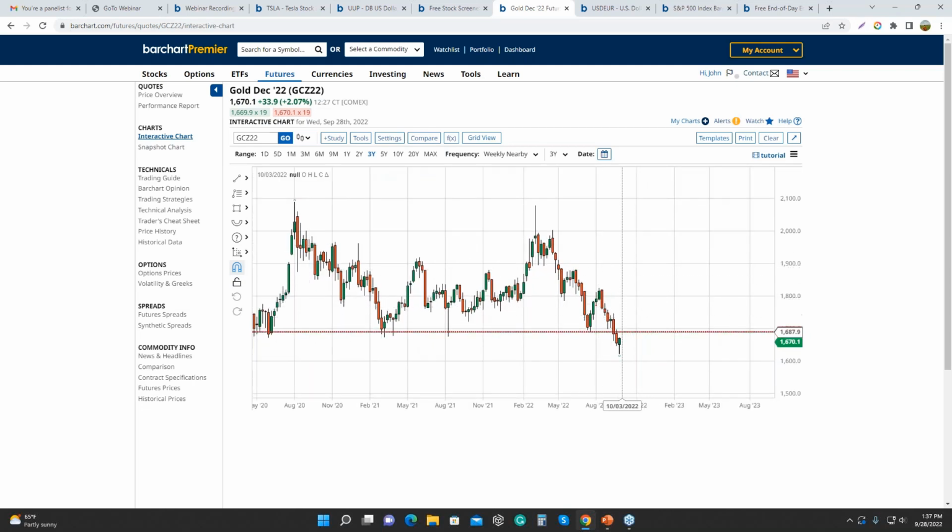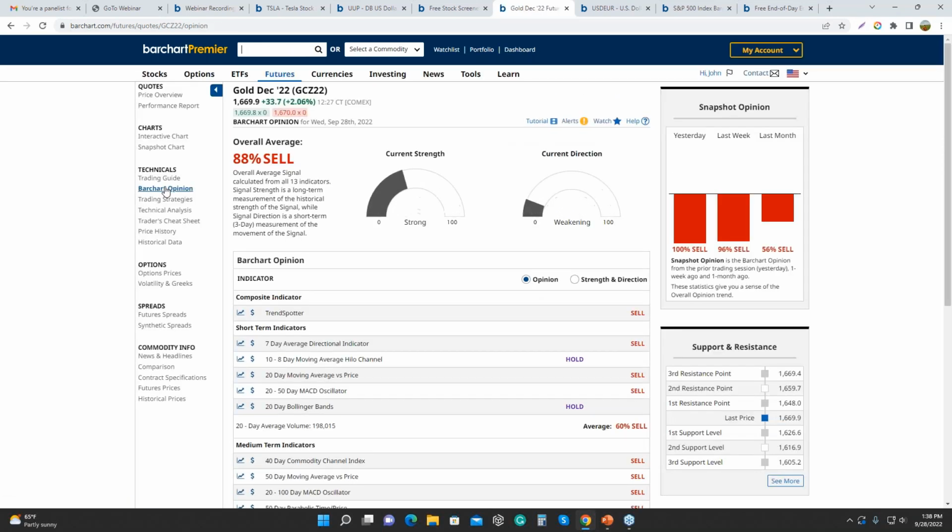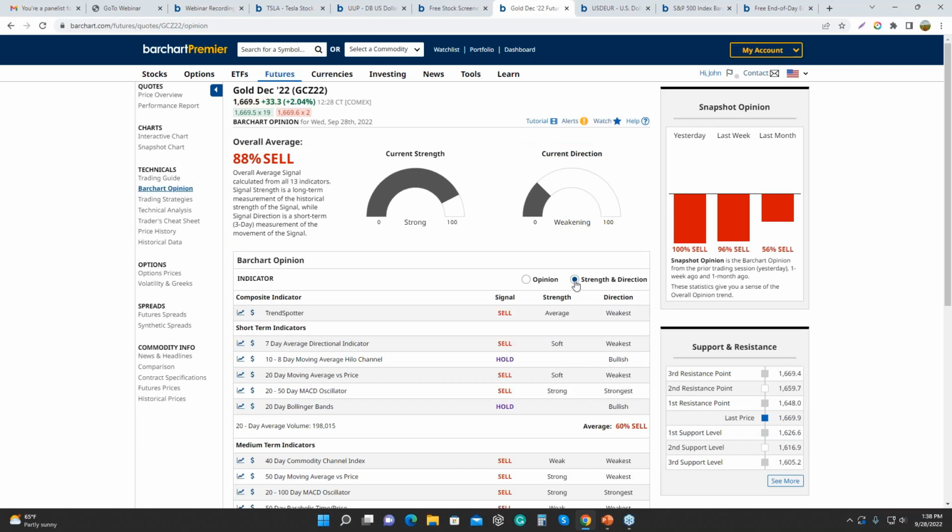If my momentum changes and I start getting bullish signals on some of those other technical indicators, then I know I'm wrong and I can just get out of that trade in terms of risk management. So I can do that very quickly based on just looking at my bar chart opinion and our strength and direction. Okay.